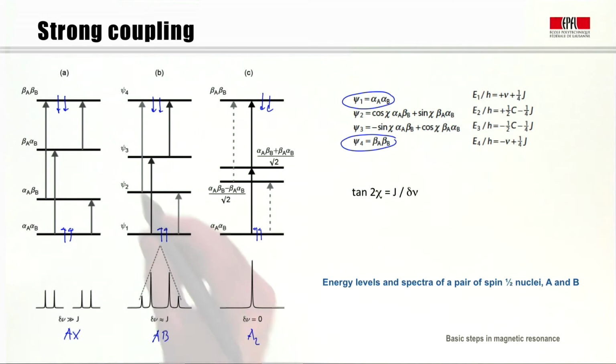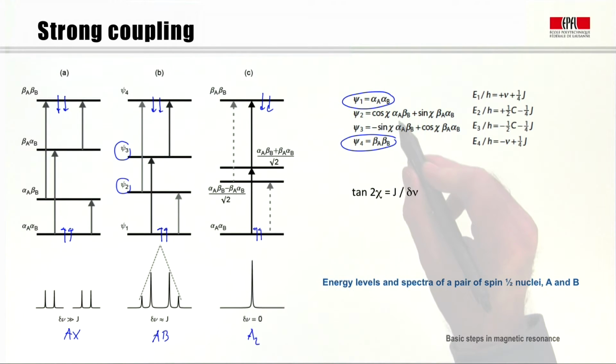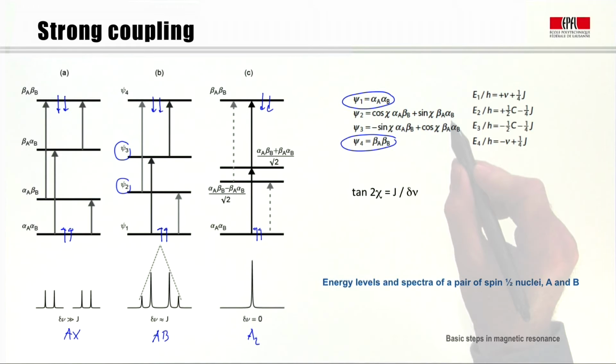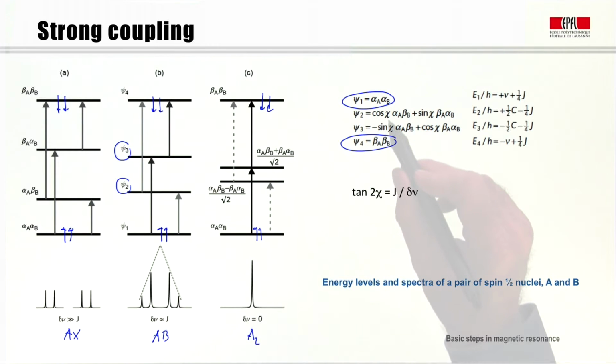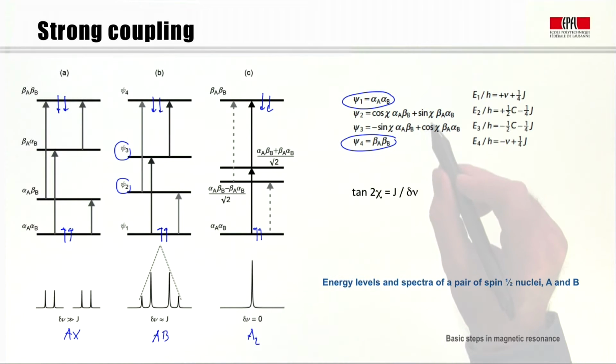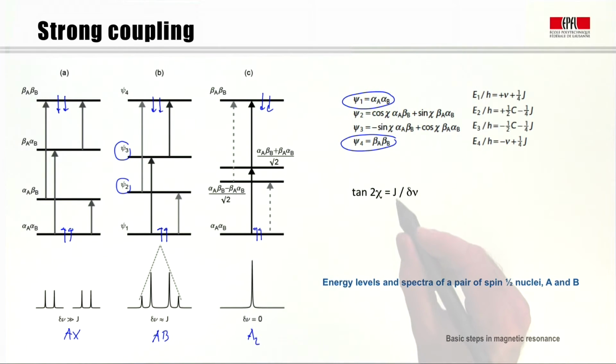But the intermediate states, called psi2 and psi3, are mixed. And in fact, they are neither alpha beta nor beta alpha, but there is an admixture between these two, and the coefficients are cosine of an angle chi and sine of an angle chi. Now, this angle actually is determined by the ratio of the J coupling and the difference in chemical shifts.